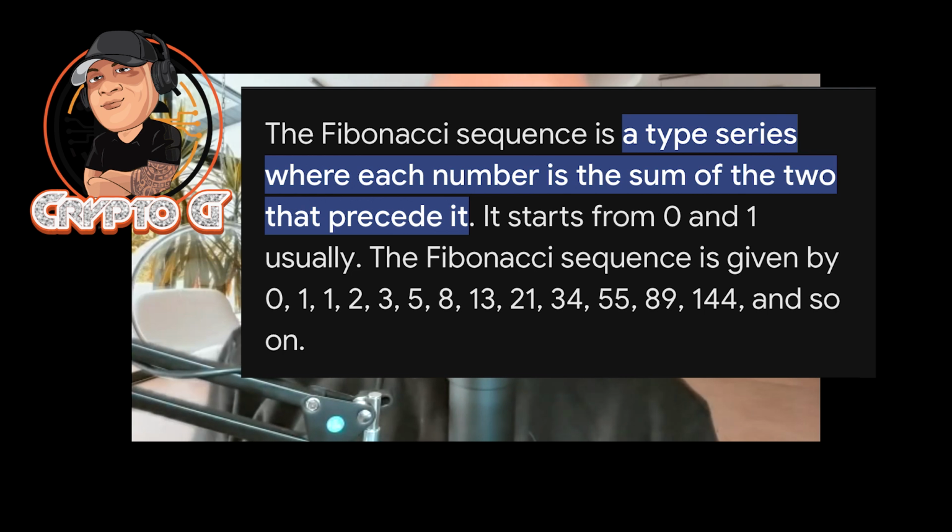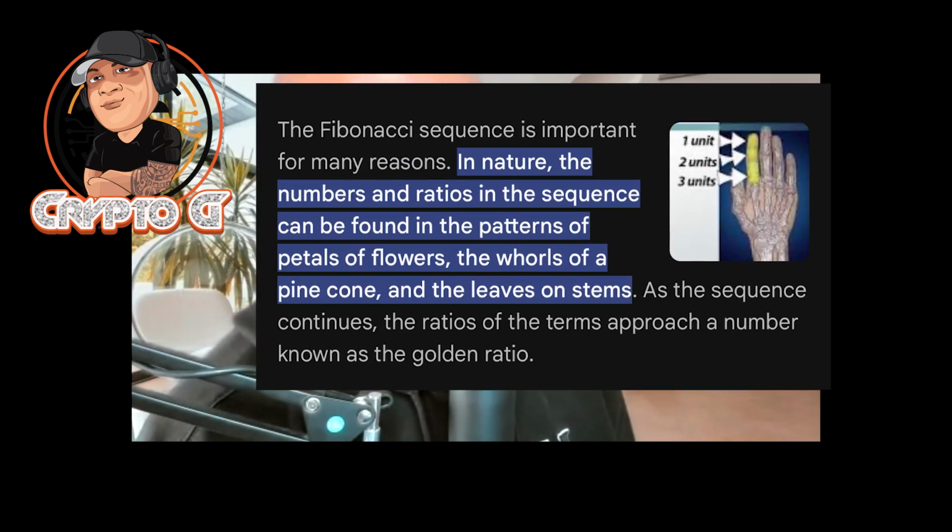Now, the other thing to remember is why the Fibonacci sequence is so important, especially when it comes to trading, and how it makes sense in nature and in the world. The Fibonacci sequence is important for many reasons. In nature, the numbers and ratios in the sequence can be found in the patterns of petals of flowers, the whorls of a pine cone, and the leaves on stems.